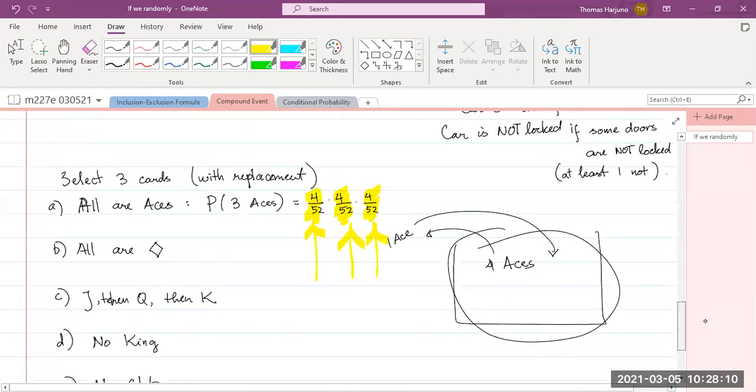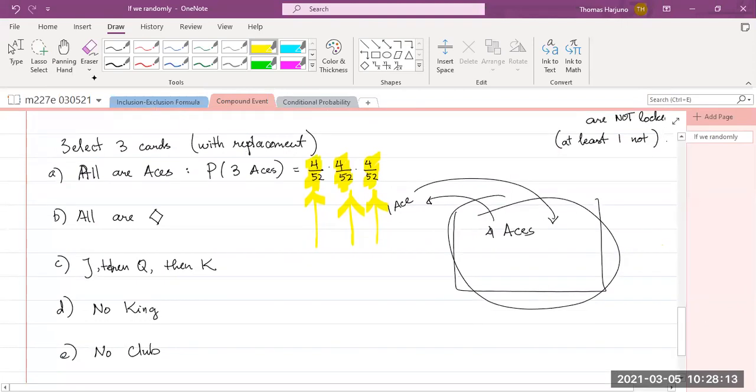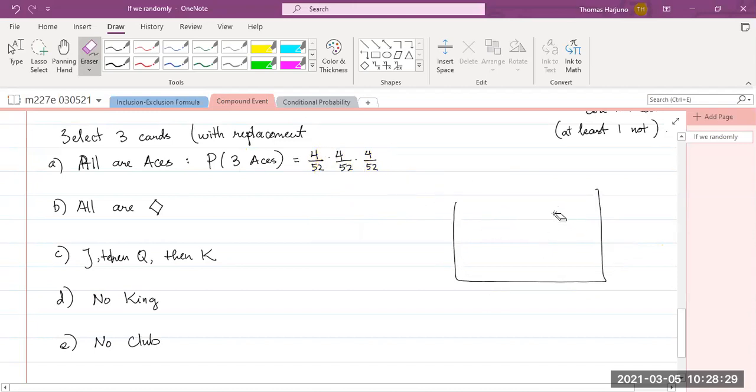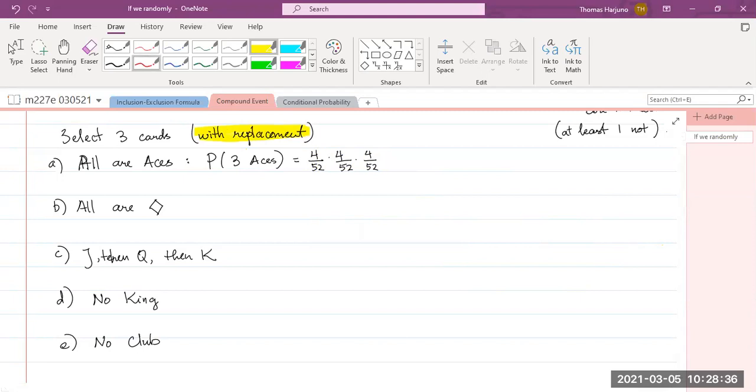So with replacement, it creates the independent case. Therefore there's no change in the probability for the same event. The probability of getting the first ace is equal to the probability of getting the second ace, and the third ace.